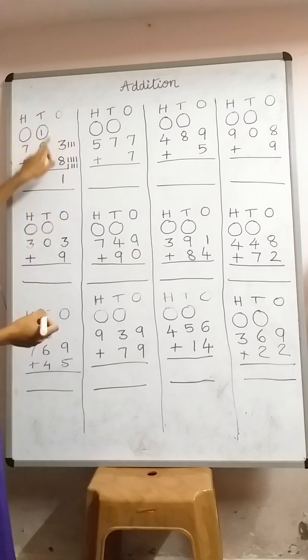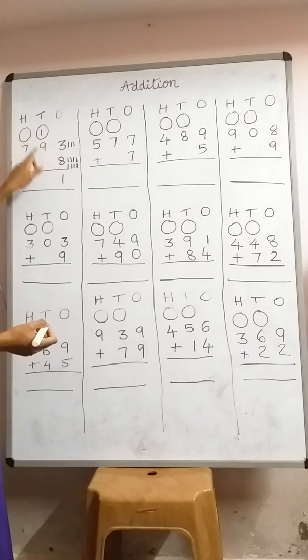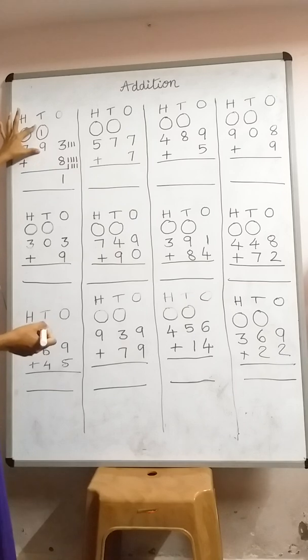Why did we carry? Because 11 is a 2-digit number and we are not supposed to write 11 in the ones place. So what we need to do? Carry 1 to the tens place and keep 1 at the ones place.